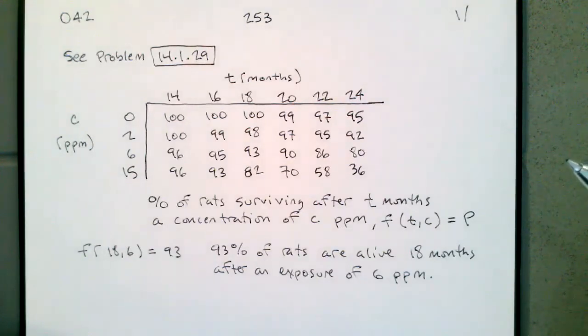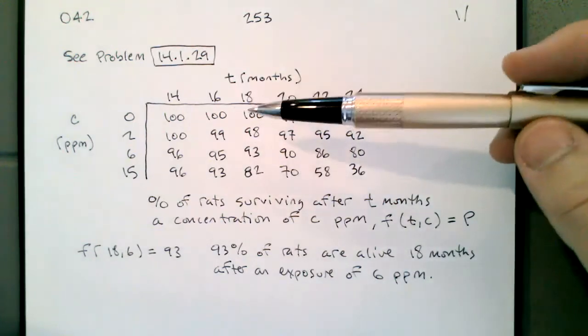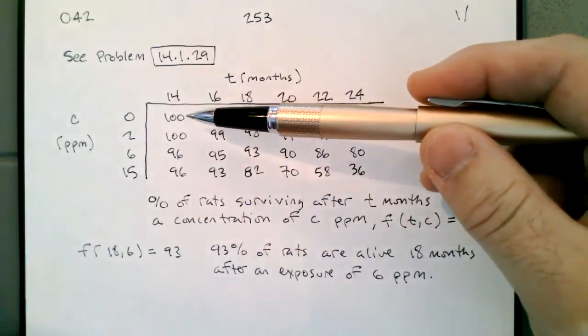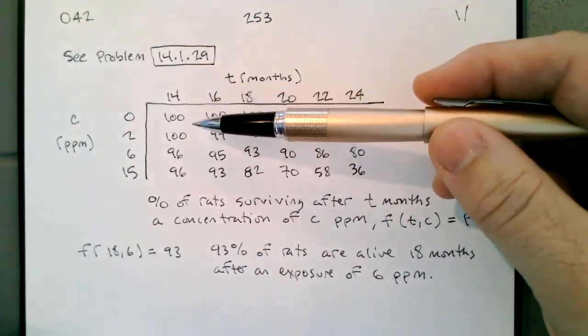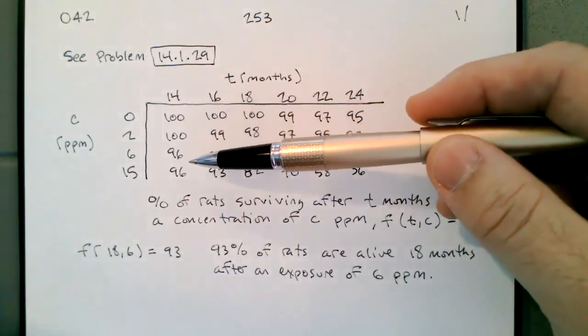So we can see kind of what we expect. We can see that we have a decreasing function of time, because over time we should expect fewer rats to survive. Also, we can see a decreasing function in terms of concentration. So at a given time, we see a decreasing function with respect to the concentration.